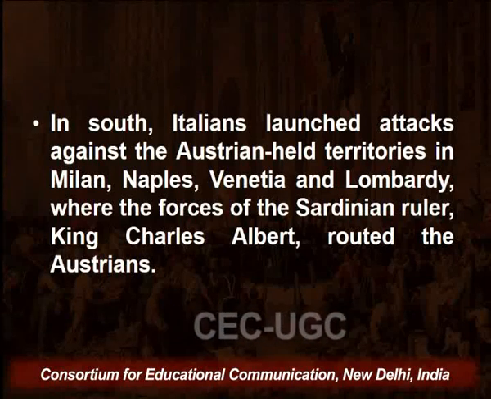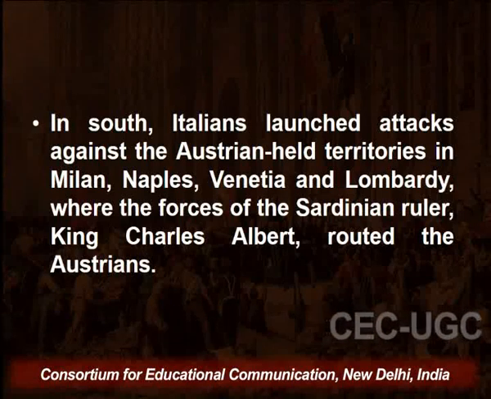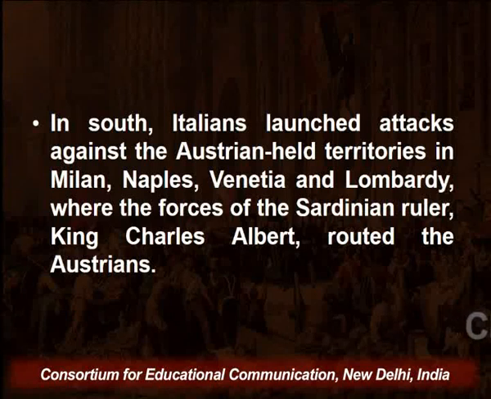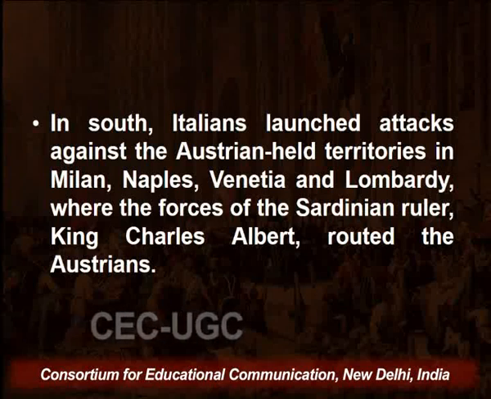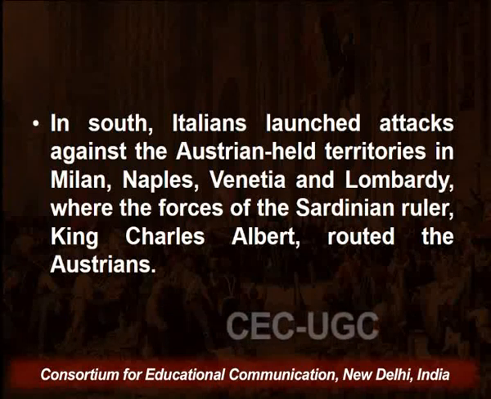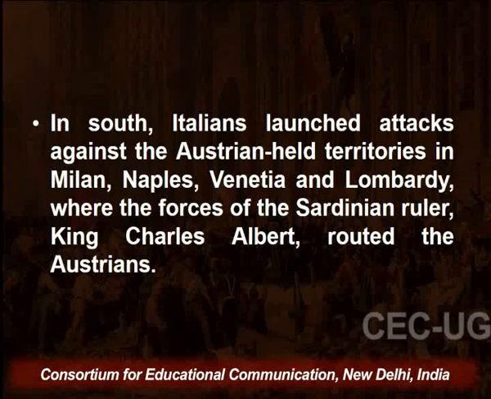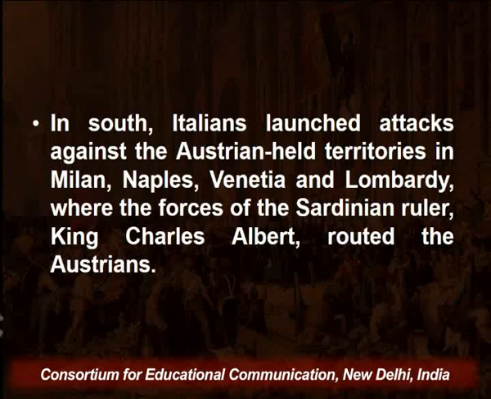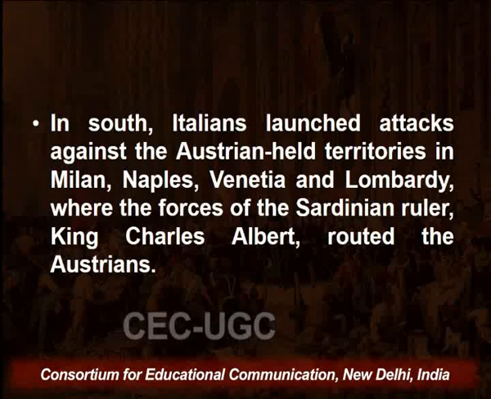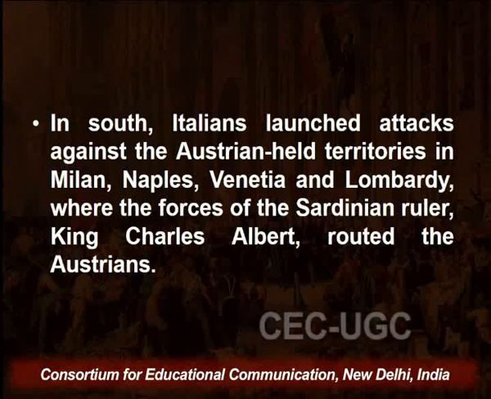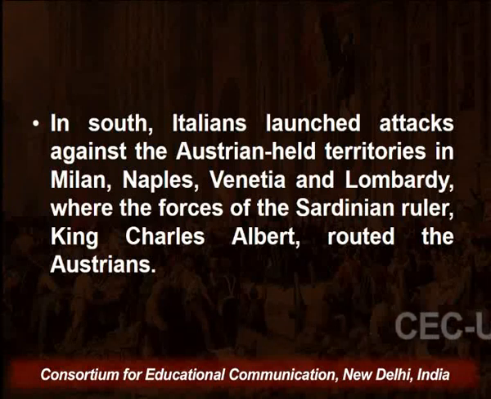In the south, the Italians launched attacks against the Austrian held territories, particularly in Milan, Naples, Venetia and Lombardy, where the forces of the Sardinian ruler King Charles Albert routed the Austrians.